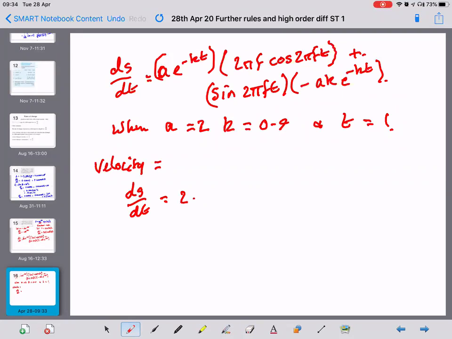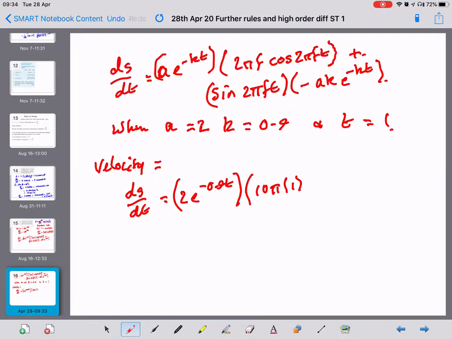So that's 2e to the minus 0.9t times 2 pi times 5, which is 10 pi, times 1.